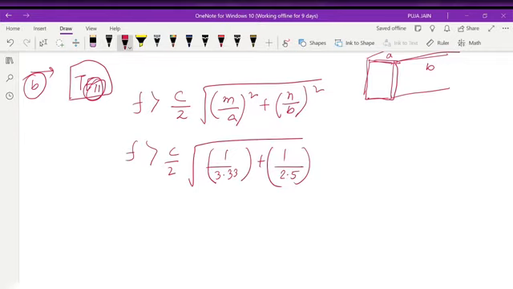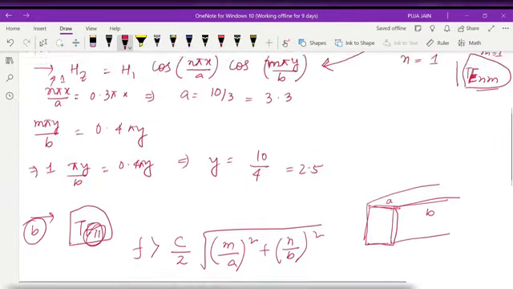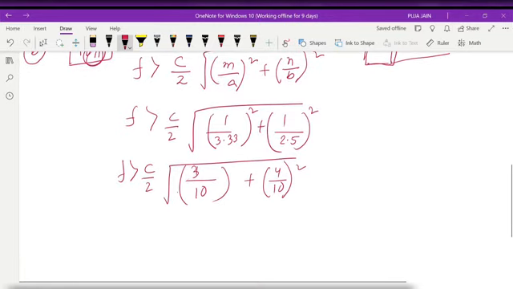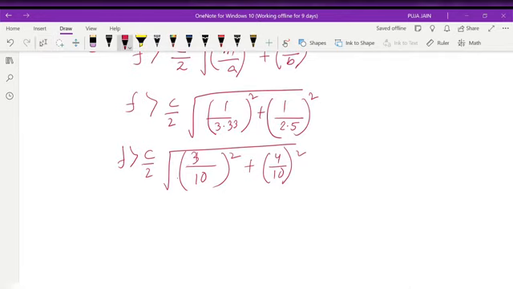Better if we write this in terms of 10 by 3 and 10 by 4, so 1 by A is 3 by 10 and 1 by B is 4 by 10, squared. If we calculate this, the 10 squared comes outside as 1 by 10, and 3 square plus 4 square is 25, whose root is 5.